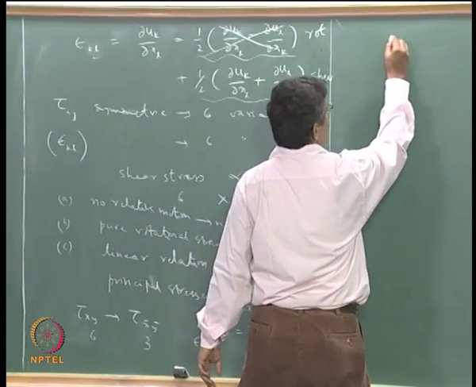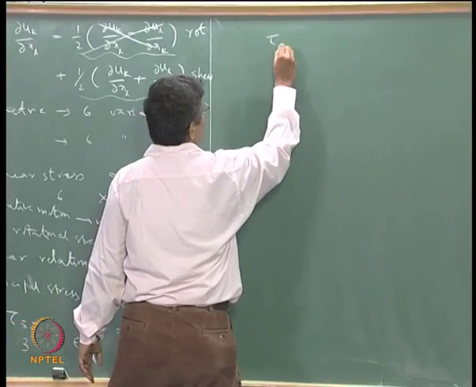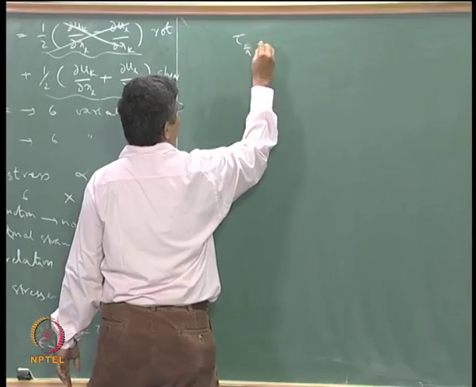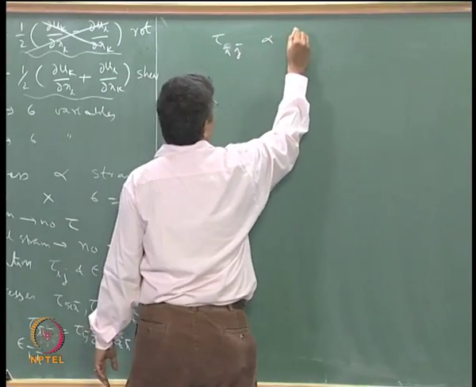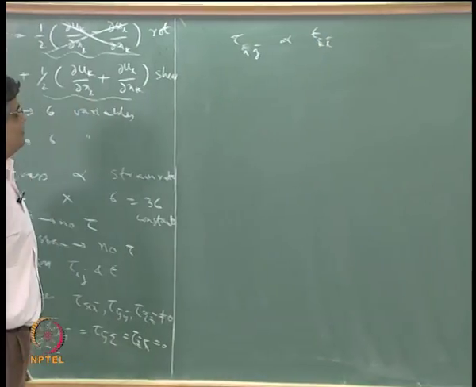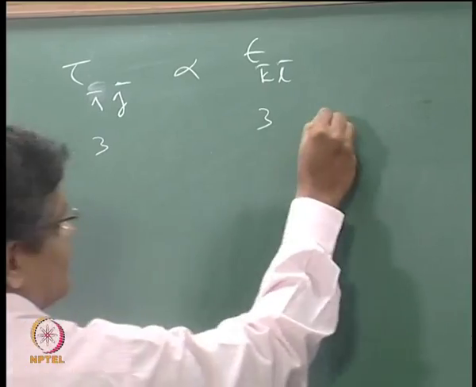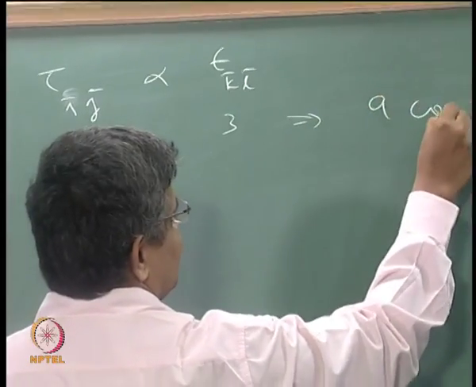Now if we seek the same relation in terms of tau i bar j bar as being proportional to epsilon k bar l bar, then this has 3 components and this has 3 components. So, that is 9 constants that must be there.